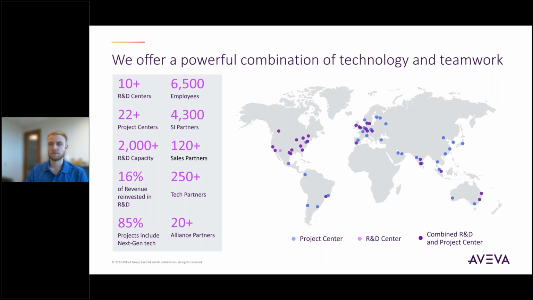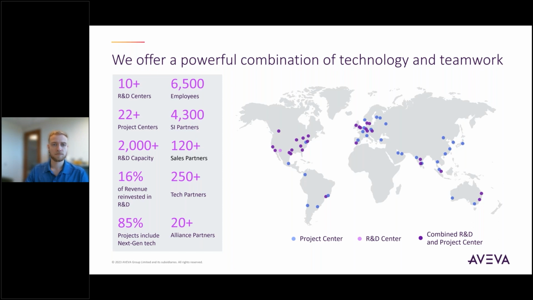We reinvest about 16% of our revenue back into R&D, so there's a significant reinvestment in the R&D centers. We've got sales partners like InSource, tech partners, and also 85% of our projects include what we call next gen tech, and we have a number of alliance partners.